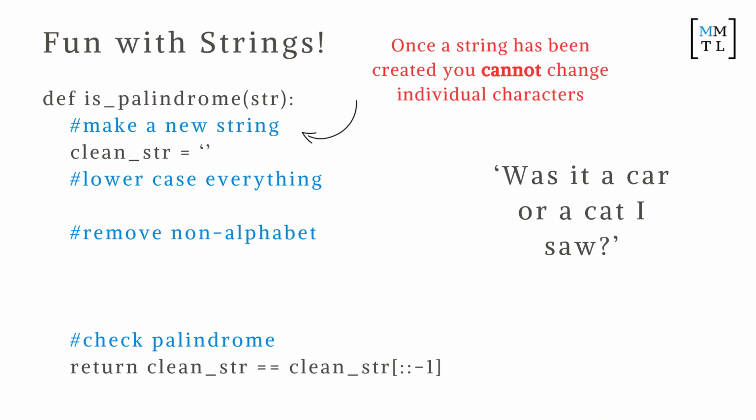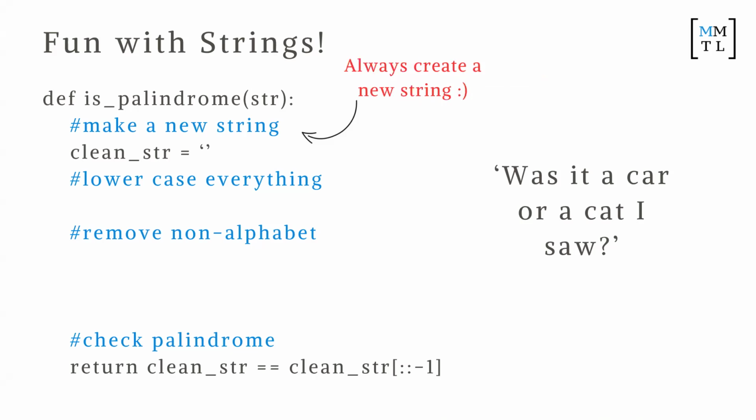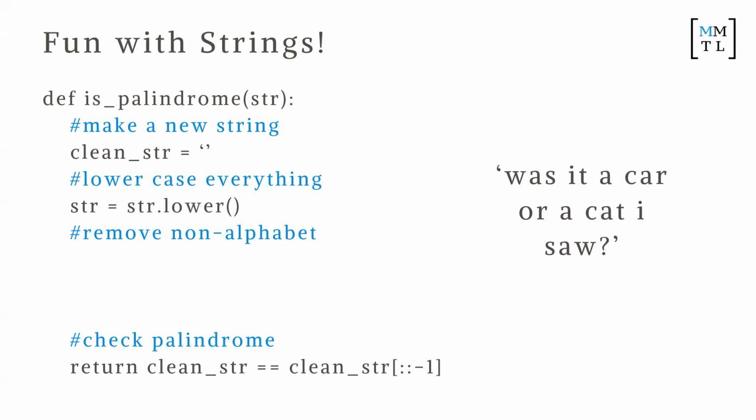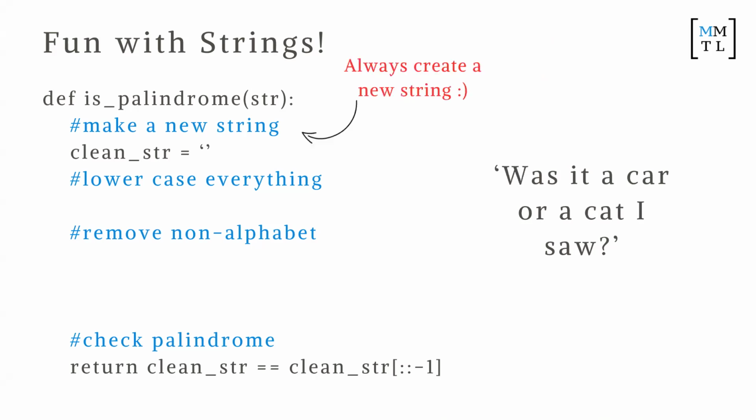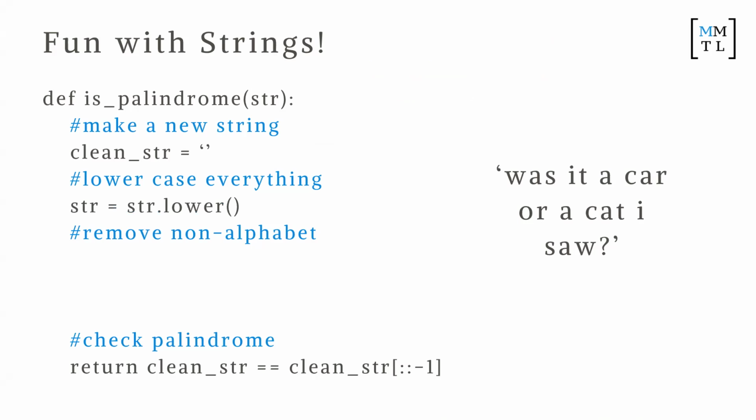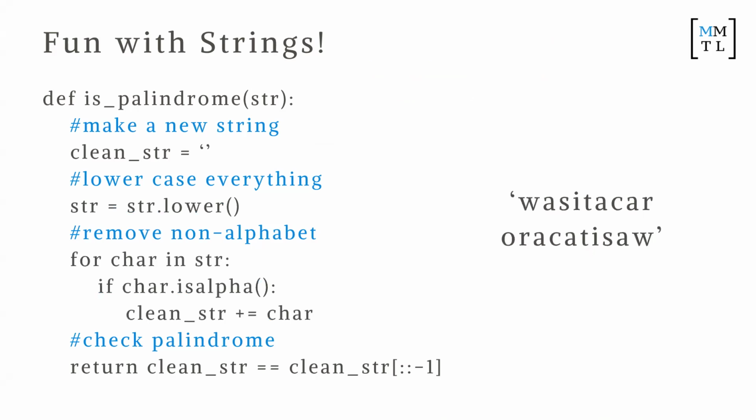And so we create a new string here. And then we lowercase everything. We just go string = string.lower(). That lowercases everything. If you take a look at "was it a car or a cat I saw", it lowercases everything. And then we remove the non-alphabet. How we do that is we go for each character in the string: if the character is an alphabet, then we add it to our clean string.